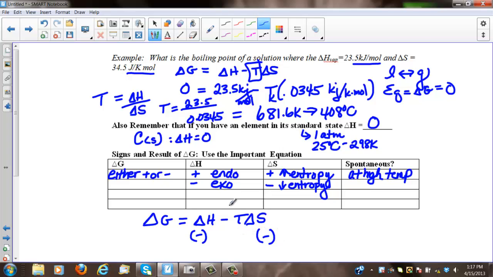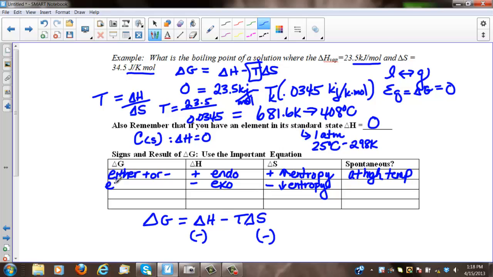So if I have a very large T, it's like adding a very large positive number, which means theoretically if the T delta S combination is larger than delta H, then I could come out with a positive delta G. However, if my temperature is very low, then the product of T delta S would be smaller. So when I add it to delta H, then my delta G could essentially still be negative.